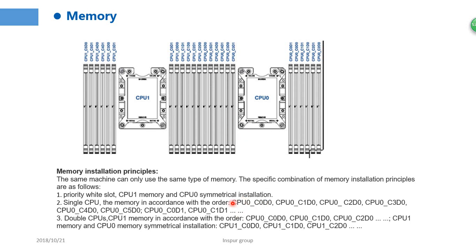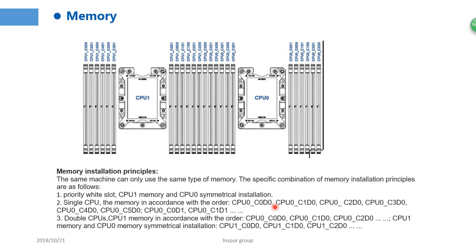We can see the labels on the motherboard. For example, if you want to install the memory, you can find CPU0, channel 0, DIMM 0. We can see these words on the motherboard.